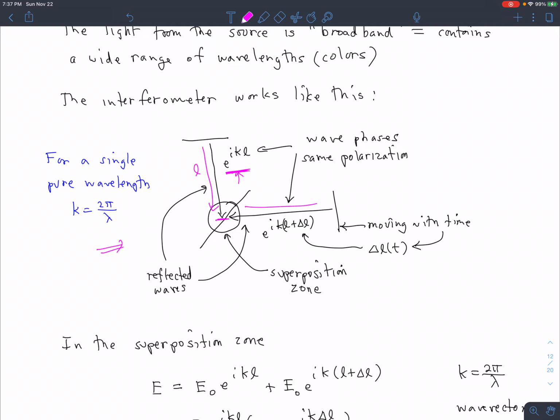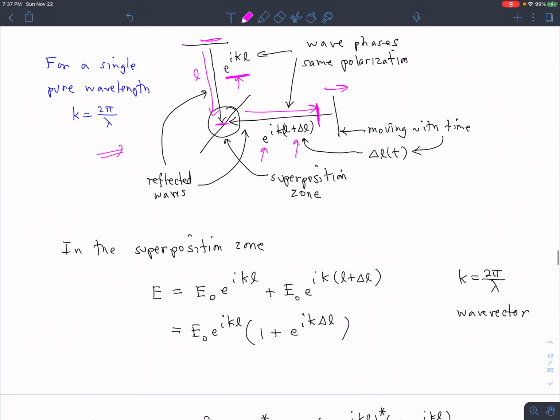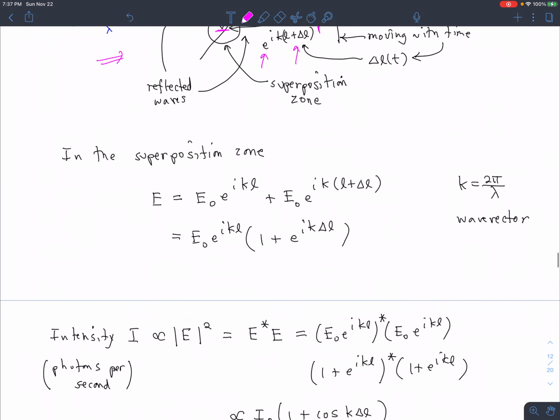And this one has traveled a different distance because this mirror is movable, and the delta L here is the difference in distances between this mirror and this mirror. So this one arrives with a different phase. And because they're out of phase, they can interfere with each other. That's what gives rise to the intensity modulation I talked about above.